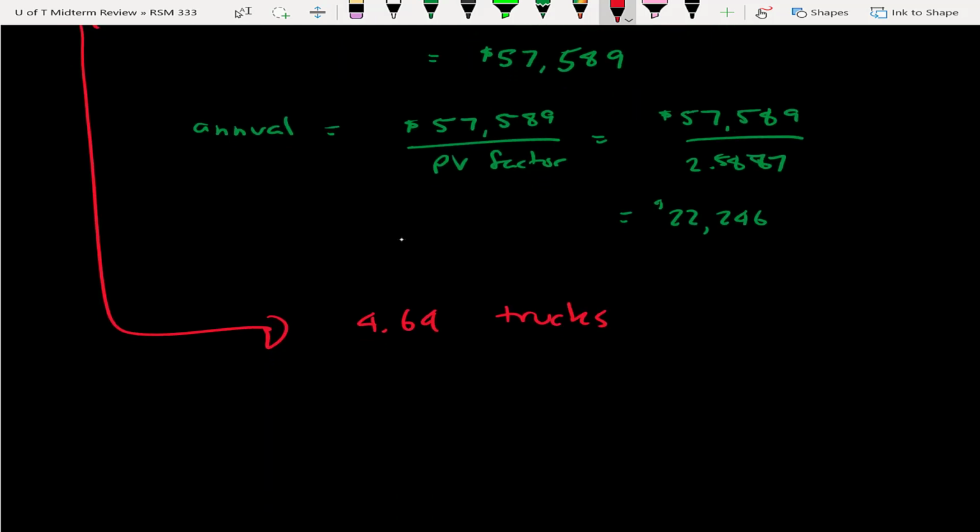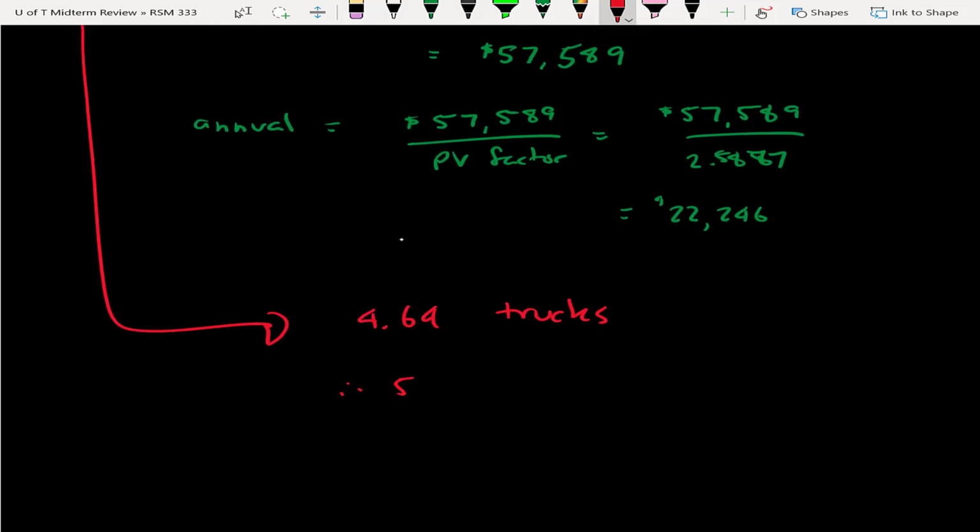As I mentioned last time, you round up, so 5 trucks are needed for a positive NPV. So it's much more involved than the accounting one. It's more like an NPV, but you just break it down piece by piece.